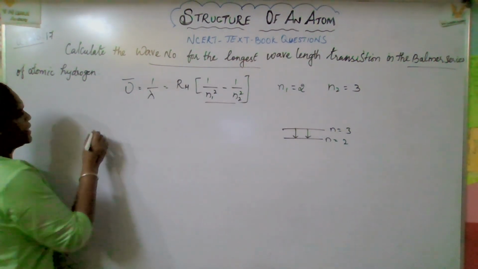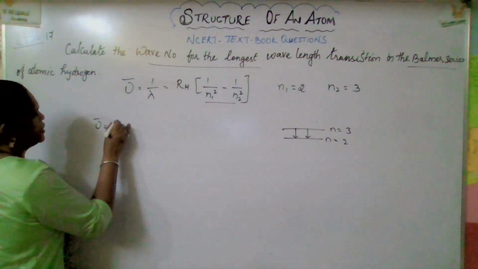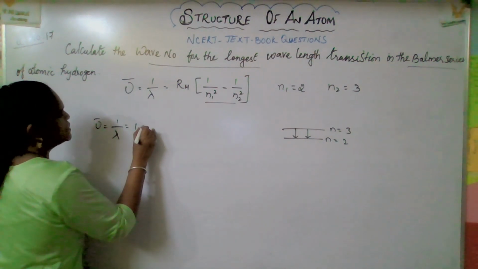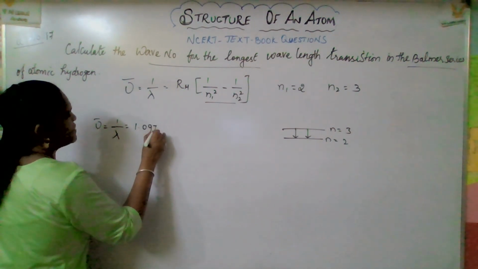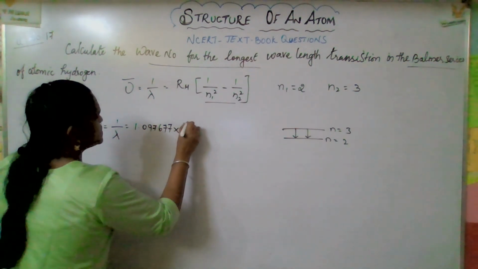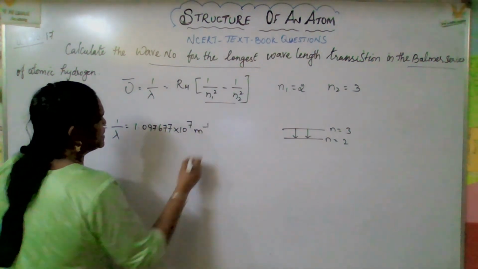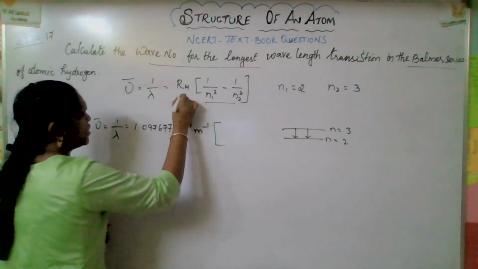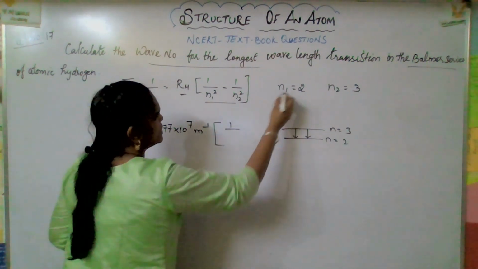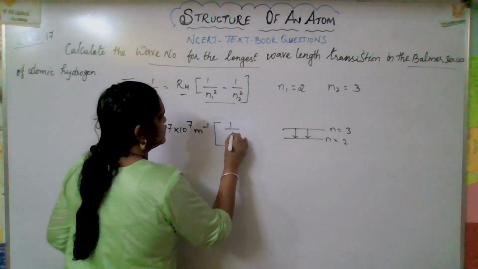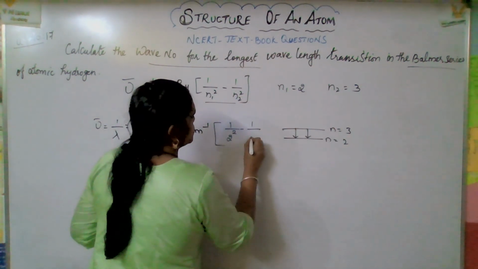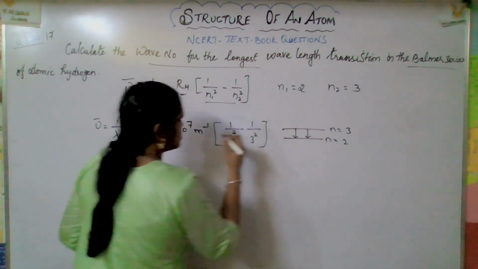Okay, now nu bar equal to 1 by lambda equal to RH, 1.09767 into 10 to the power of 7 meter inverse, RH constant I just mentioned, into 1 by n1, what it is? 2 squared minus n2, what it is? 3 squared. Right, this is it now.